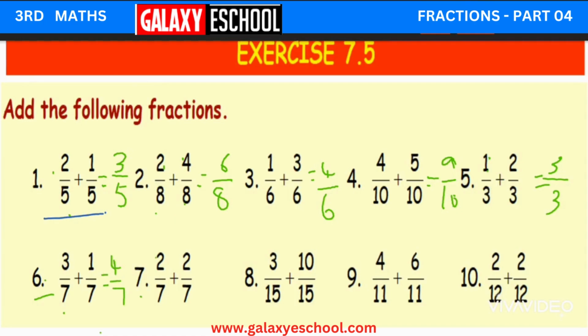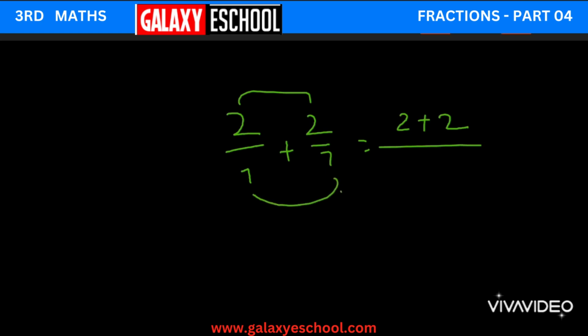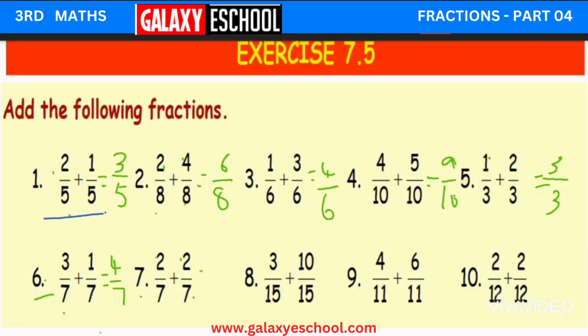Next, question 7. 2 by 7 plus 2 by 7 is equal to, again, the sum of numerators divided by our common denominator 7. 2 plus 2 is 4, divided by 7. 4 by 7 will be our answer.